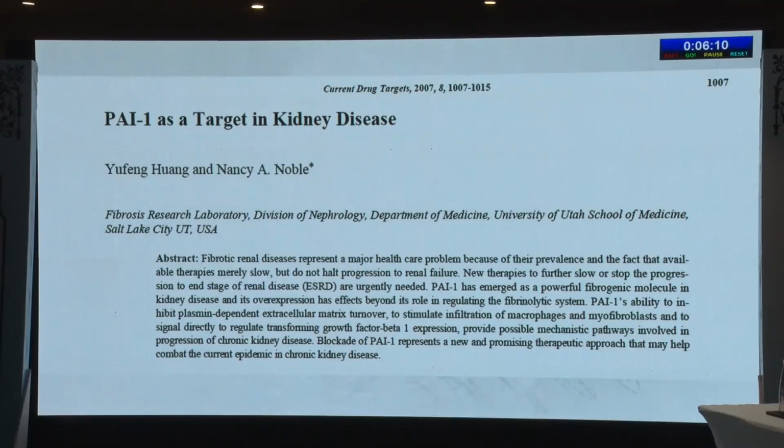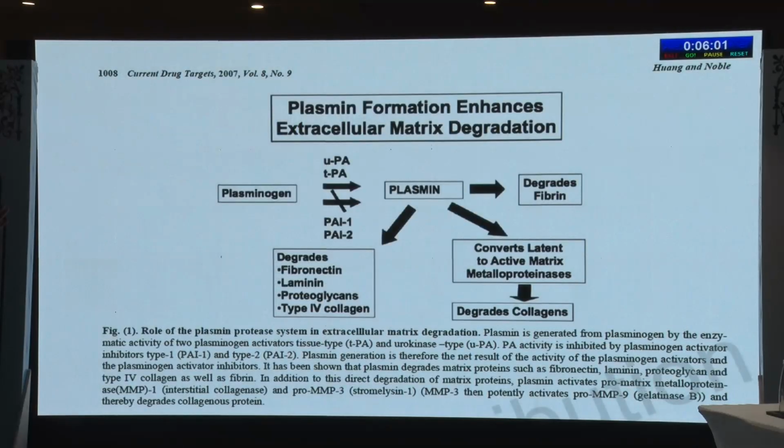So plasmin may be needed for prevention of fibrosis, because not only fibrin, it modulates other proteins as well. So this was what it postulated, that plasmin is not only for degradation of fibrin, but it also degrades fibronectin, laminin, proteoglycans, type 4 collagen, and type 2 and type 9 collagens as well.